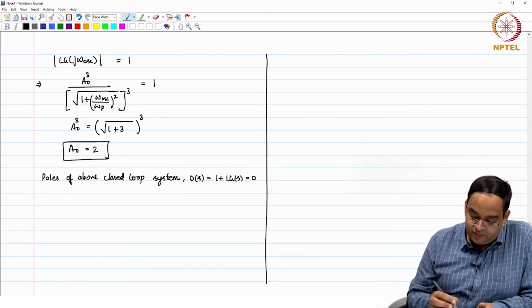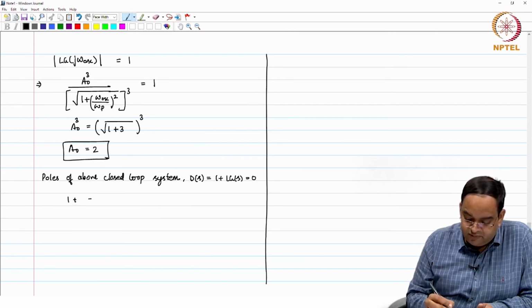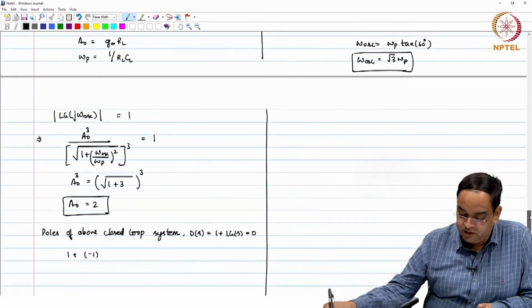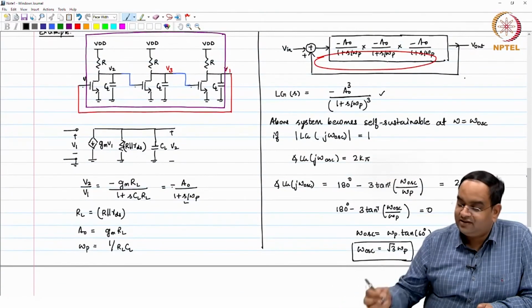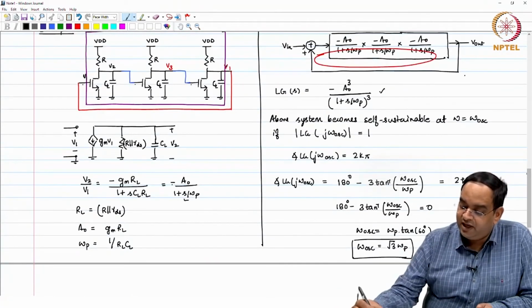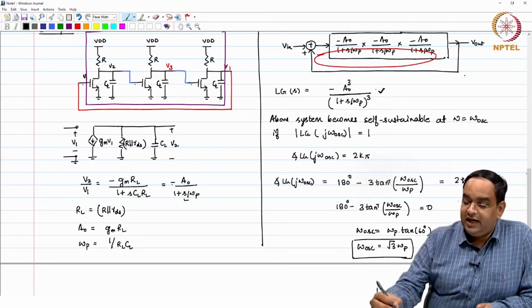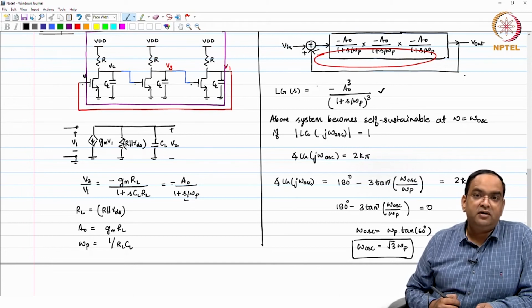So, to find the poles here, 1 plus loop gain of S, that is 1 plus minus 1 whole cube. So, look at this particular example here. What is the loop gain here? Loop gain is this, and you are closing the loop in this particular manner, right.